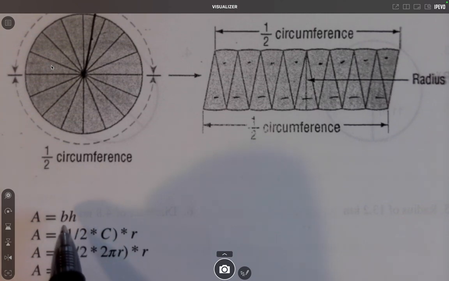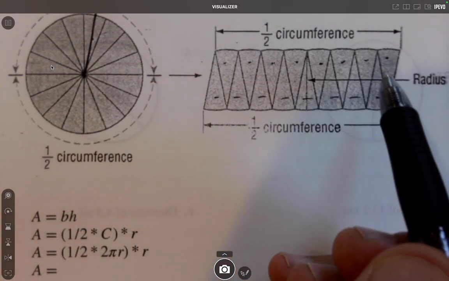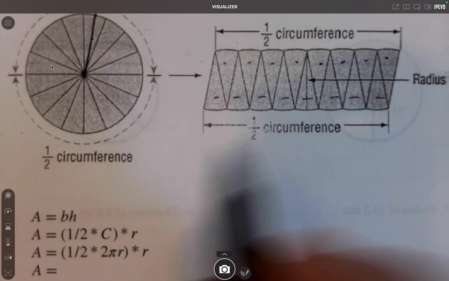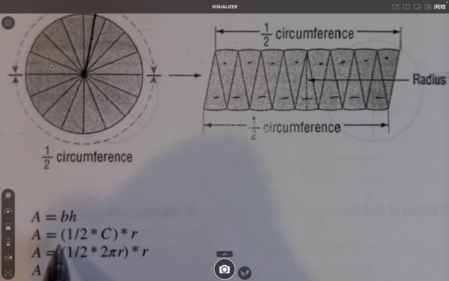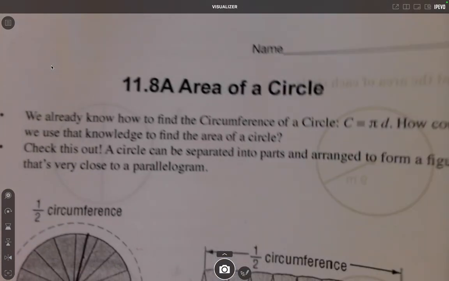So we can replace the height with r. So when this is rearranged into a parallelogram, half the circumference is the base, which you see right here. The height is the radius, which you see right here. And they said, okay, this is good. So we've now converted this to be everything we can know from a circle based on just the circumference formula.